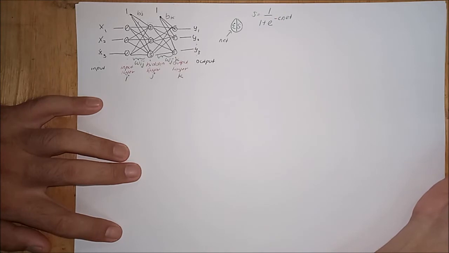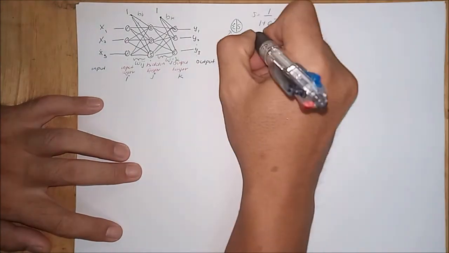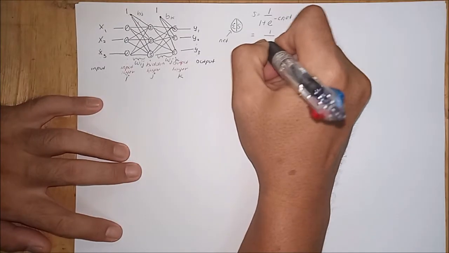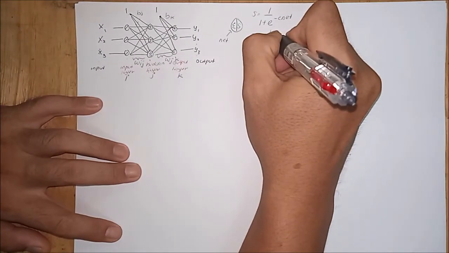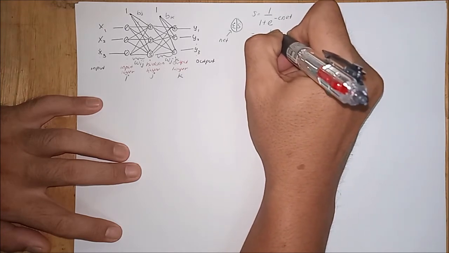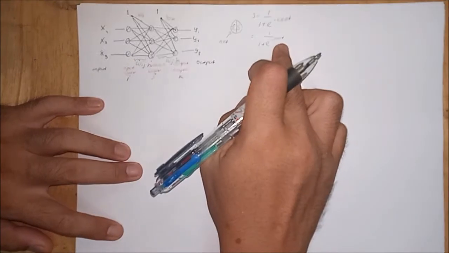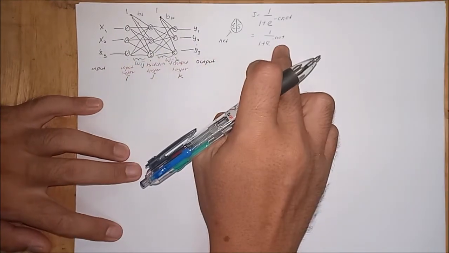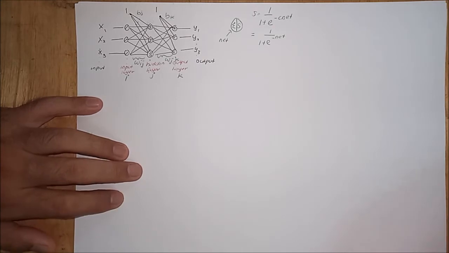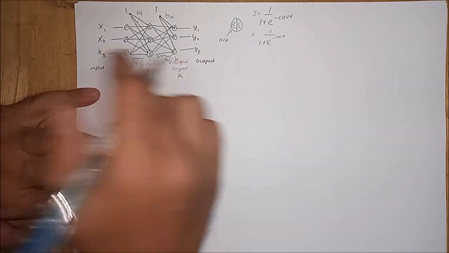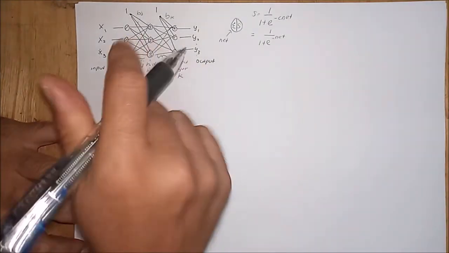C is the parameter that controls how flat the sigmoid function is. To simplify the equation, we just put c equal to 1, so that our equation becomes 1 / (1 + e^(-net)). Net corresponds to every layer: in the hidden layer it will be net j, and in the output layer net k, respectively. So we have all the parameters and labels for the neural network configuration.